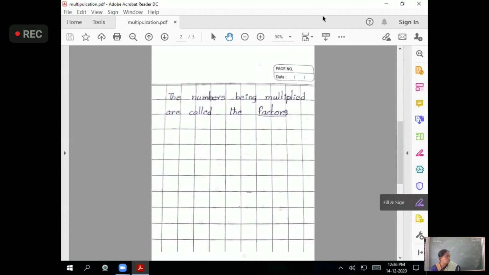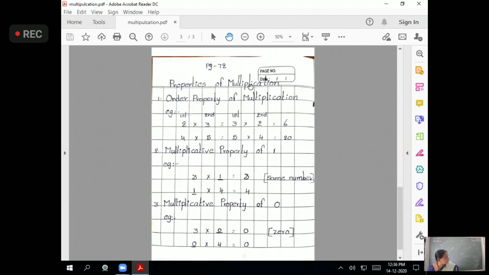Okay, Nana? Now, next page. Okay, Nana, this is regarding properties of multiplication. What is that?